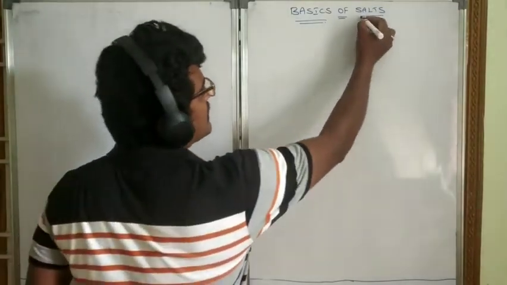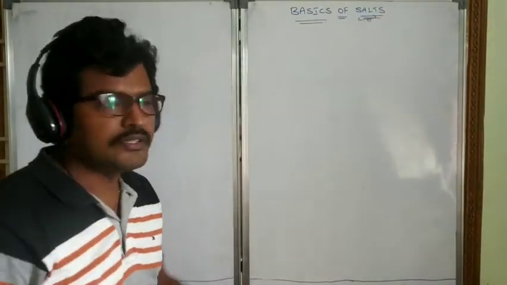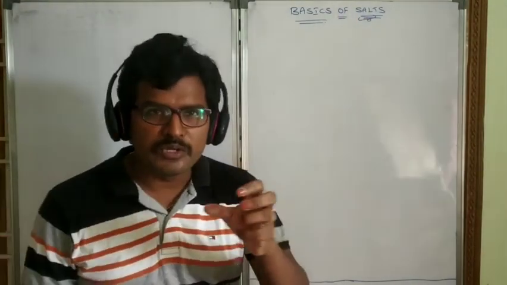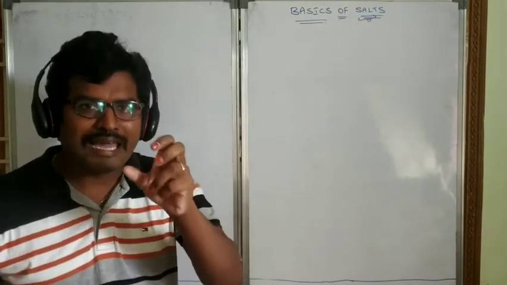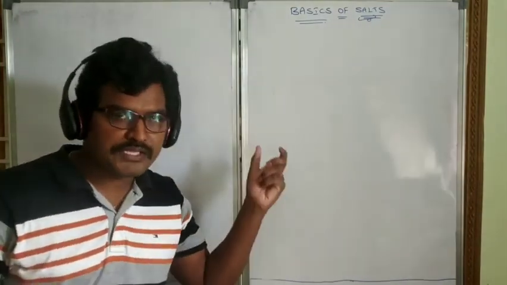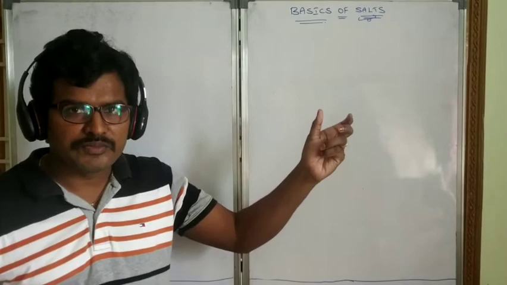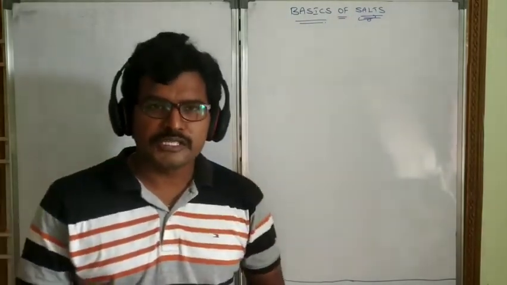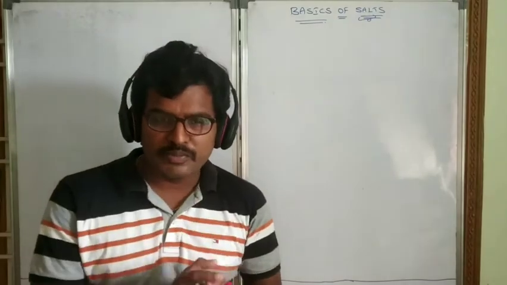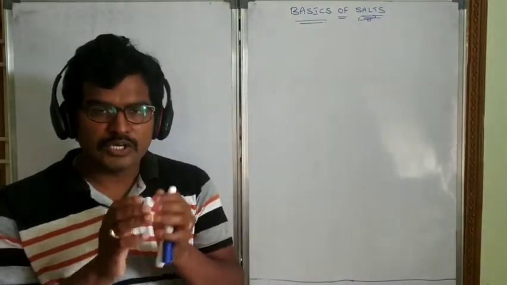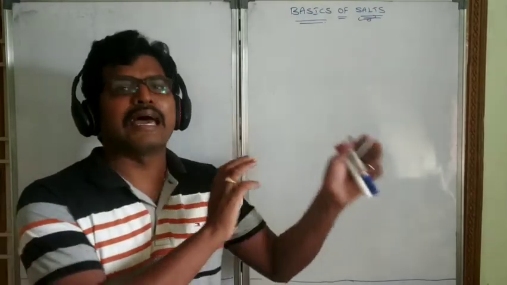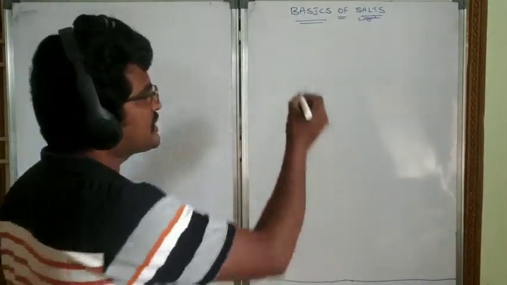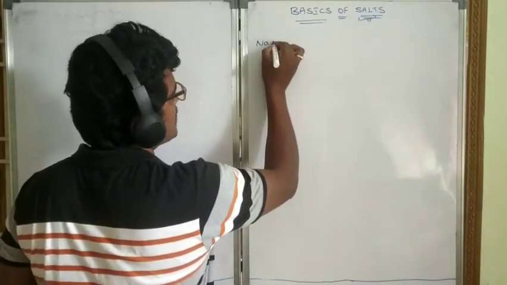How can you define a salt? A salt is a compound formed by the combination of a cation coming from the base and an anion coming from the acid. Let us see some examples of salts.